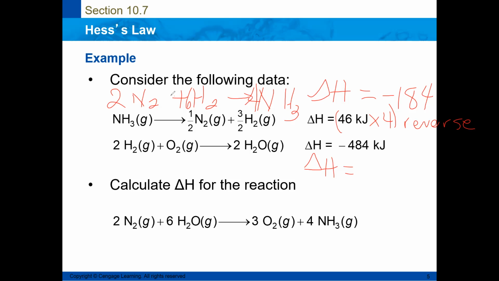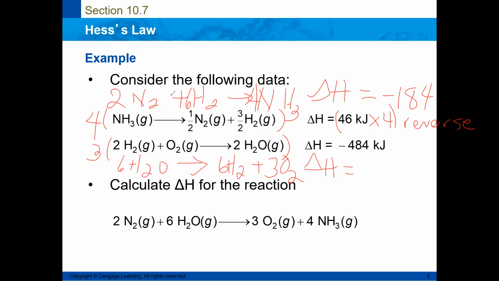But then we also multiplied it times 3. So this one we multiplied times 3 and this one we multiplied times 4, right? That's how it went. And we reversed it too. So reverse that one. That would be 6H2O, right? Plus yields 2 times 3 is 6 H2s plus 3 O2s. There we go. That's how it works.